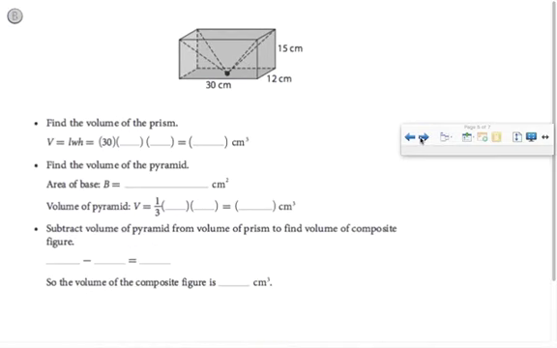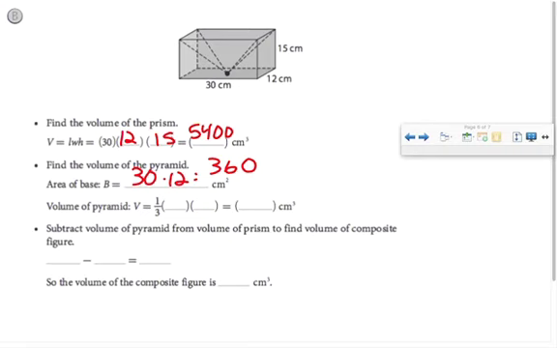Same idea in part B. First thing they want us to do is find the volume of the prism. That's 30 times 12 times 15. So in my calculator, 30 times 12 times 15 is 5,400 cubic centimeters. The area of the base is 30 times 12, which is 360.